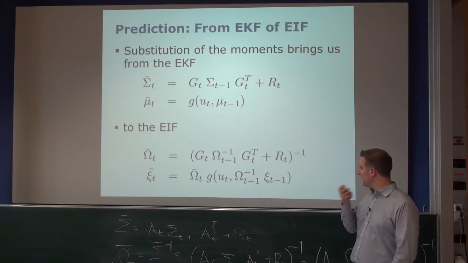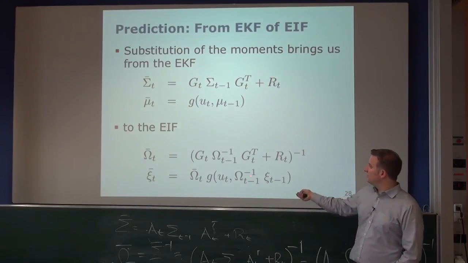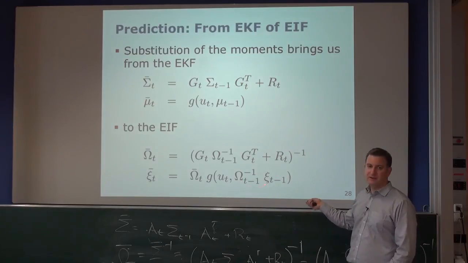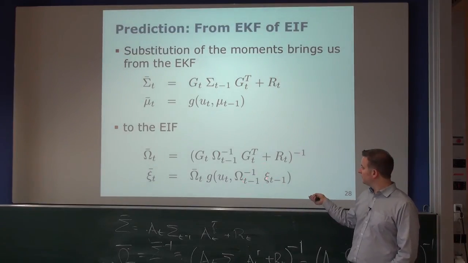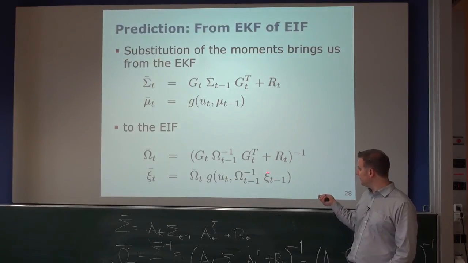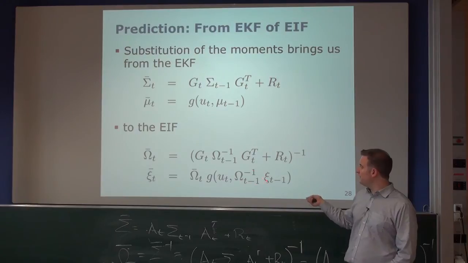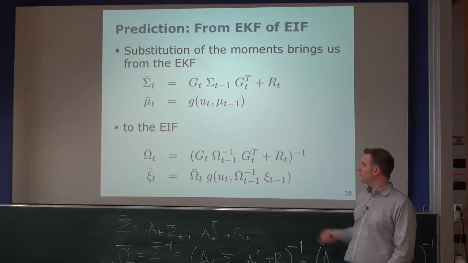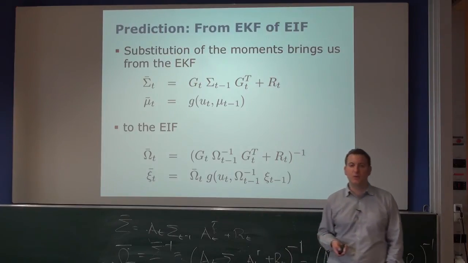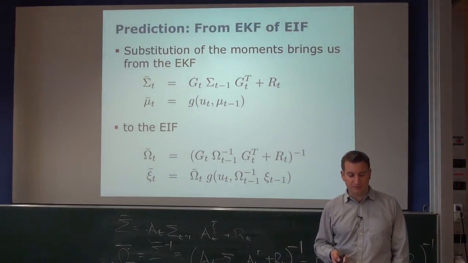So we need as input the previous mean in order to make the prediction step with our nonlinear function. As a result, if we do this in information space, we first need to recompute the mean by inverting our information matrix times the information vector in order to obtain the mean estimate, propagate it through this nonlinear function g, and then multiply it with the information matrix.